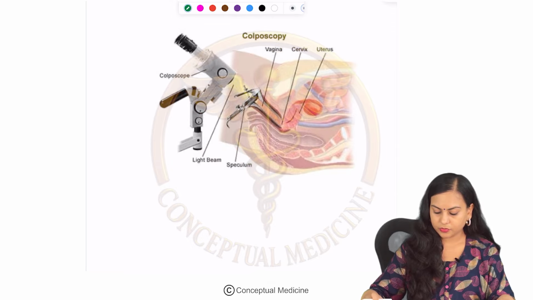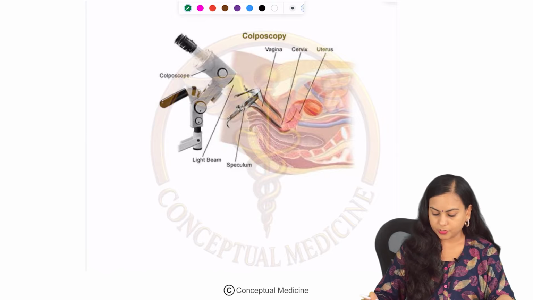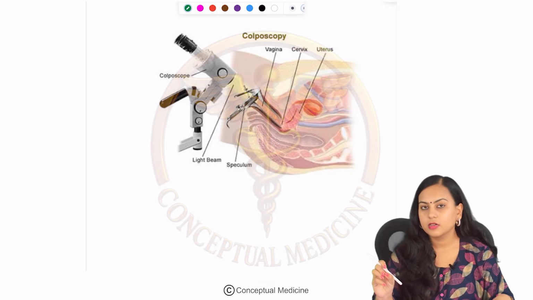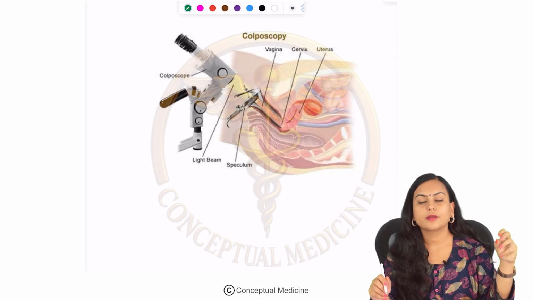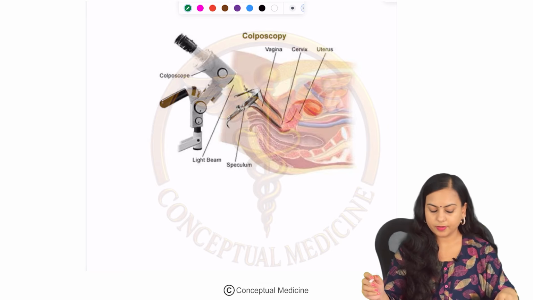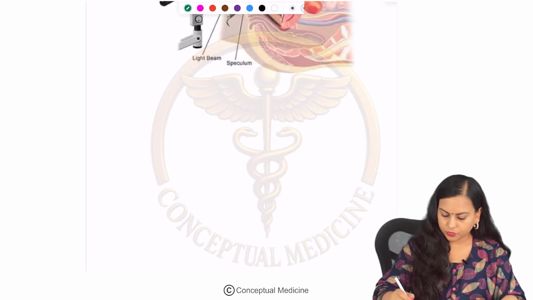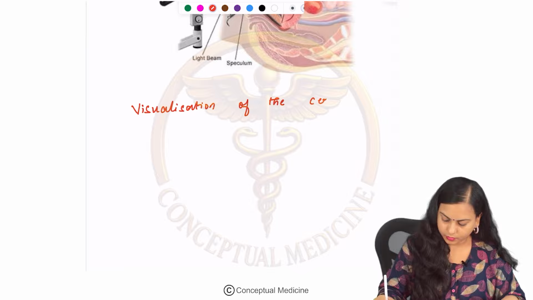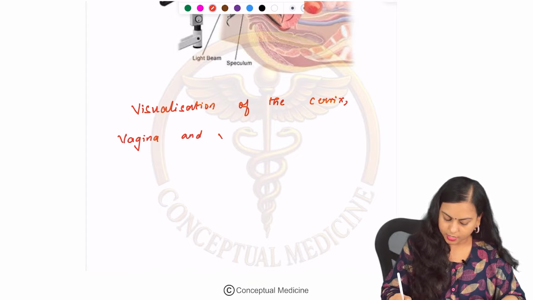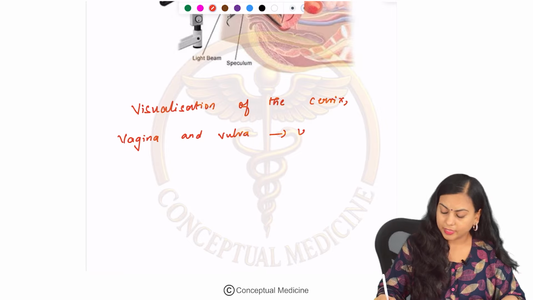Now, what is this? This is a colposcopy procedure. In colposcopy, we visualize the cervix, vagina, and everything using a colposcope, and we take the necessary biopsy from doubtful lesions only. Basically we go for visualization of the cervix, vagina and vulva under magnification.